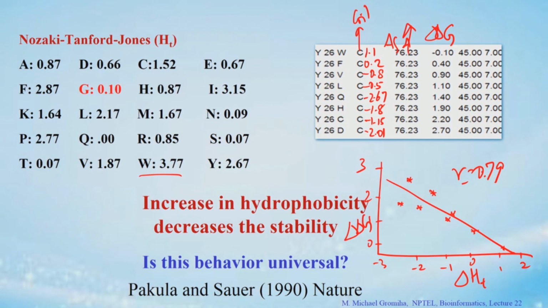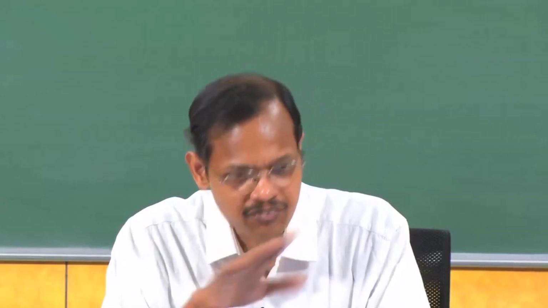They first reported in 1990 that hydrophobicity has an inverse relation with stability, that means an increase in hydrophobicity decreases stability for this particular protein, and they published this paper in Nature.